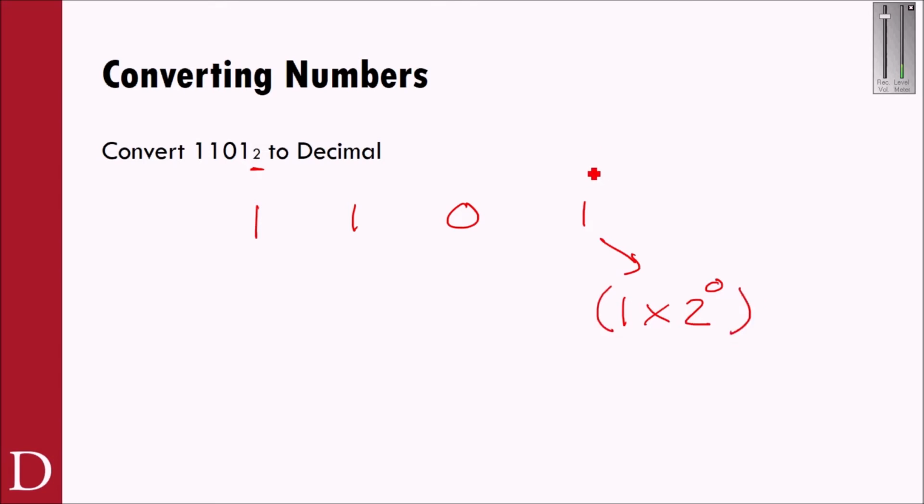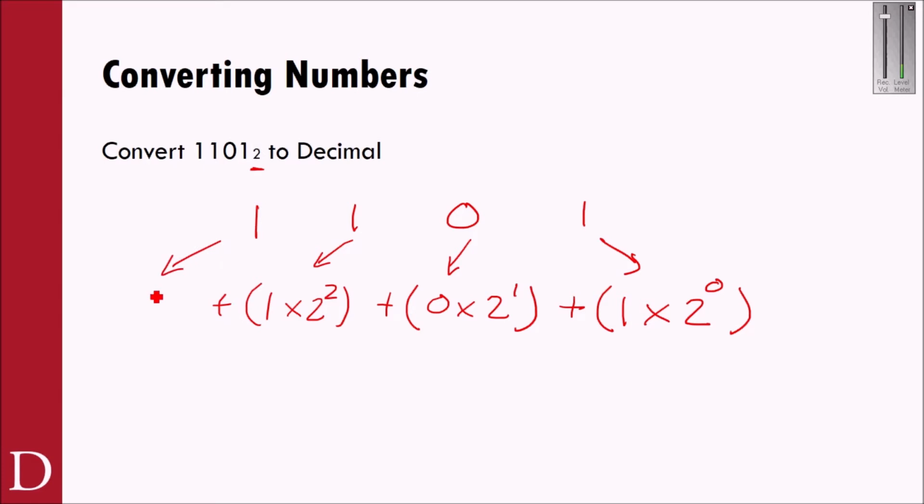That's kind of my index. This is address 0, address 1, address 2, and address 3. I'm going to add that to 0 times 2 to the 1. Then I add 1 times 2 squared. And then I add 1 times 2 cubed.